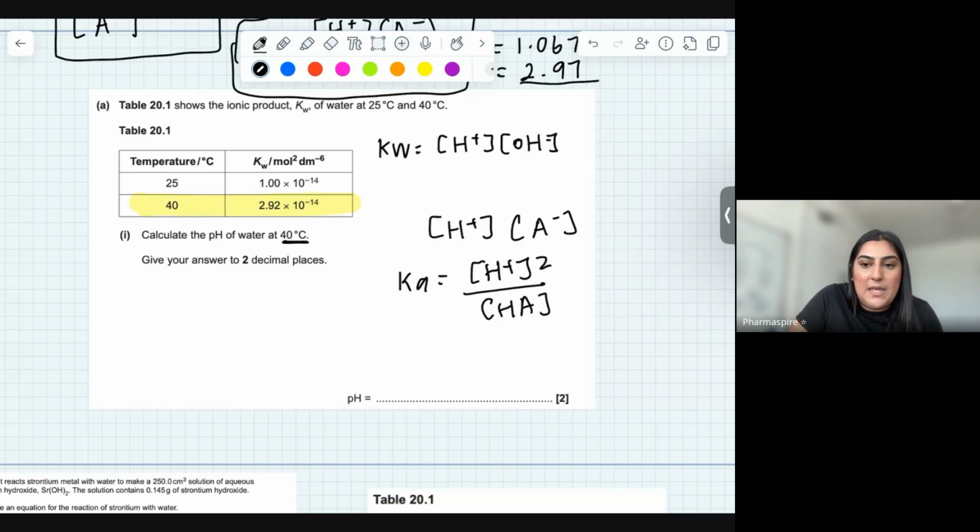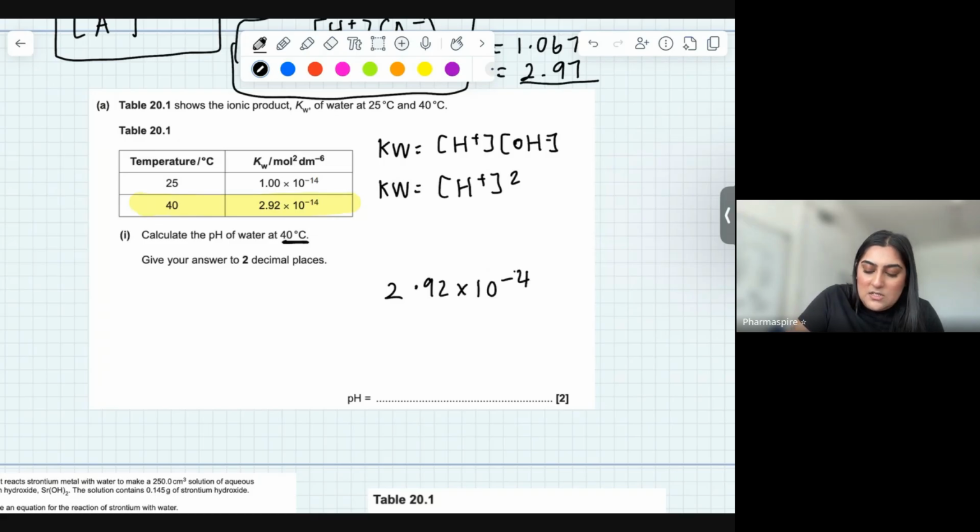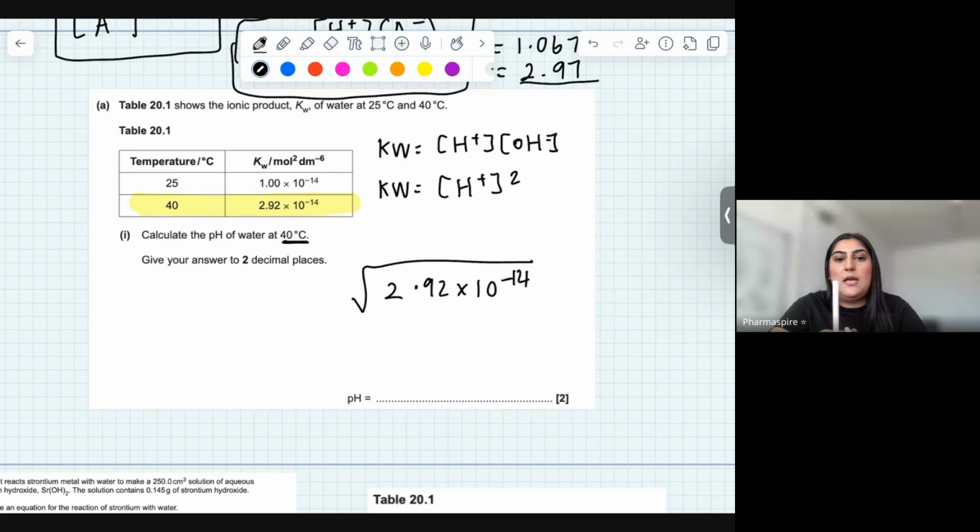You can do the same thing with Kw because the concentrations are the same. So if you don't have a lot of information and you're freaking out because, where's my OH minus, you can rewrite your equation as Kw is H plus squared. So we know our Kw is 2.92 times 10 to the power minus 14. And if we want to know what H plus is, you can just square root it. That will give you the H plus, and then you can get a pH.